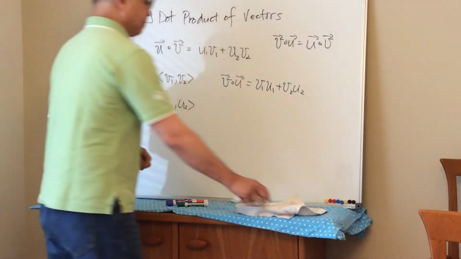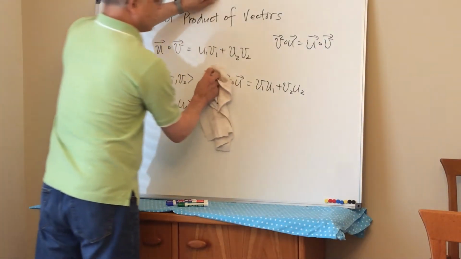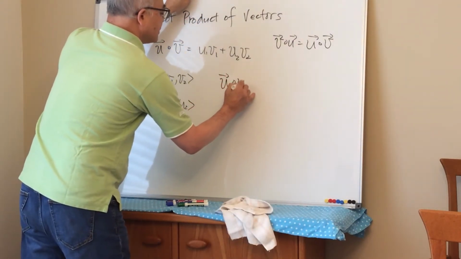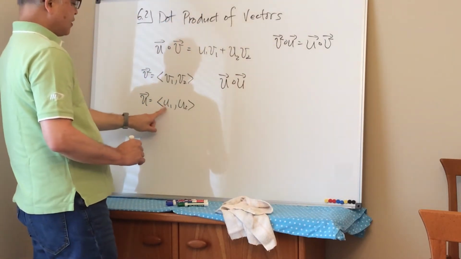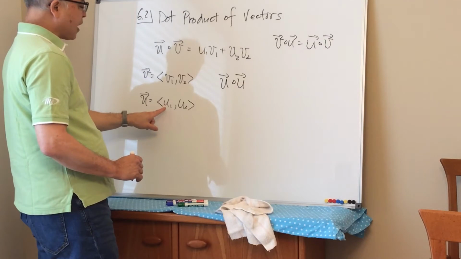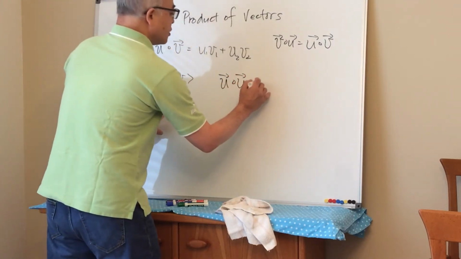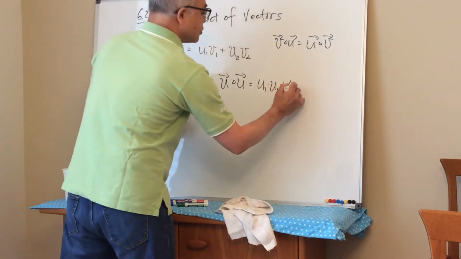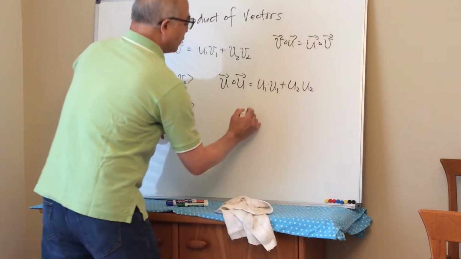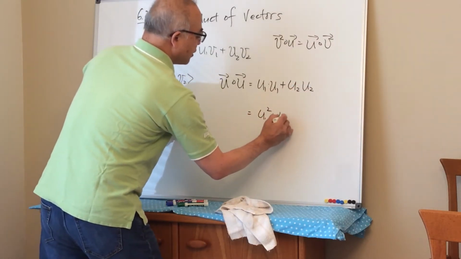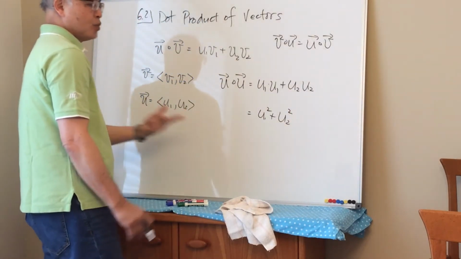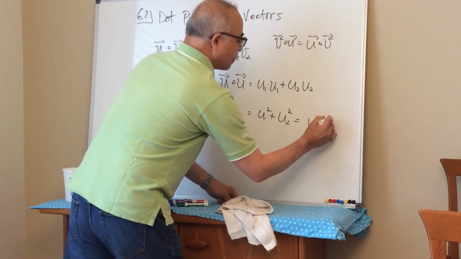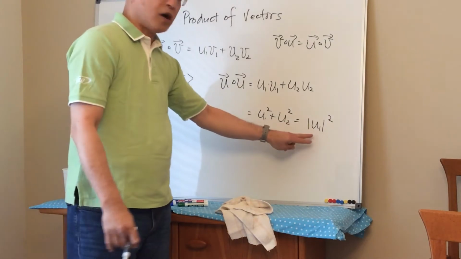Okay, property number 1. The second one, let's do property number 2. Property number 2 says if I do u dot u, I take this guy and multiply it by this guy right here. So it's going to be u1 times u1 plus u2 times u2, which happens to be u1 squared plus u2 squared, which we all know is the square of the magnitude.